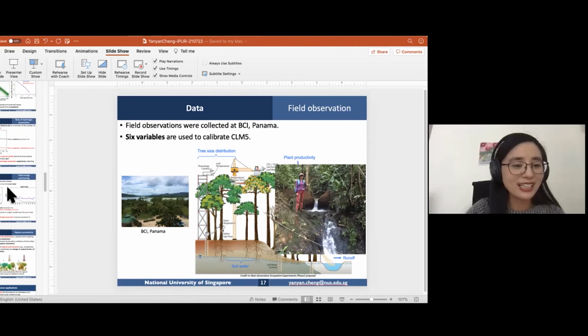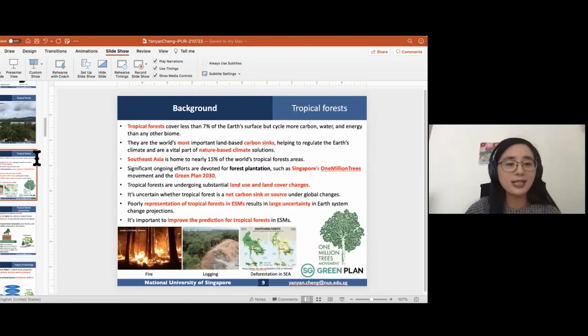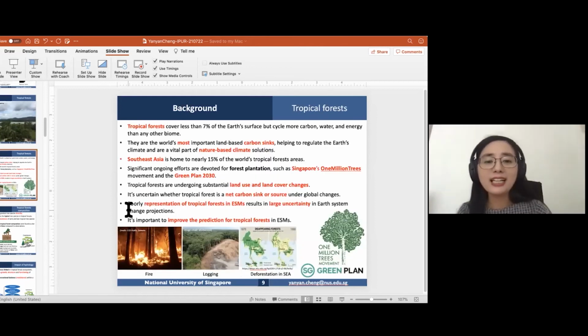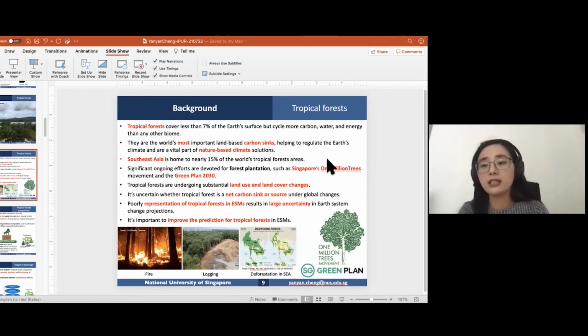Yeah, that's a very good question. For this carbon sink or source question, it's highly debatable and uncertain in the literature. Over the past two decades, many papers have been debating this, especially over the Amazon regions, and under current global changes, such as climate change and the deforestation that is happening, the question is even more difficult to answer.